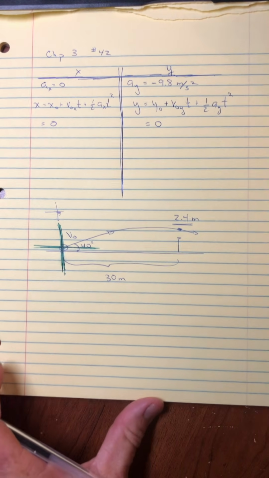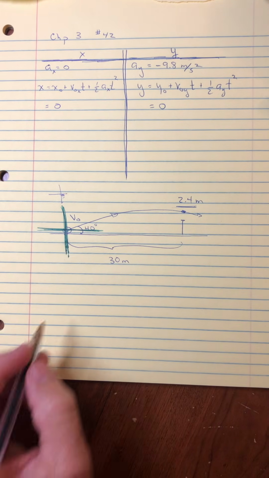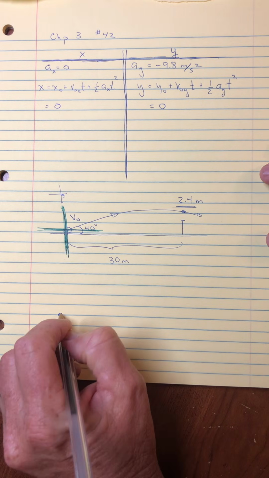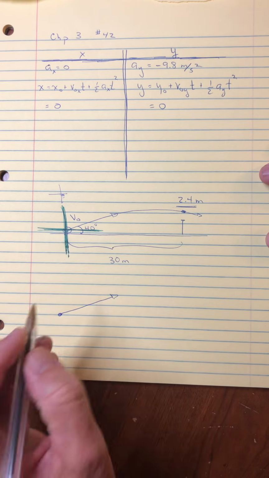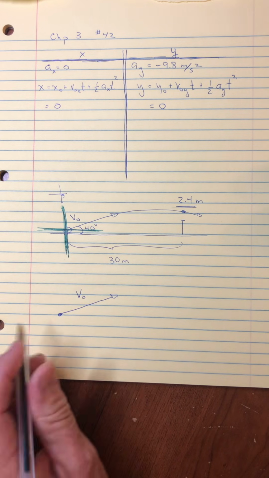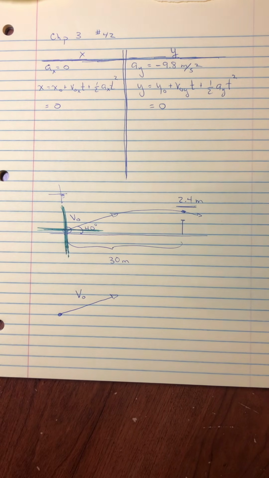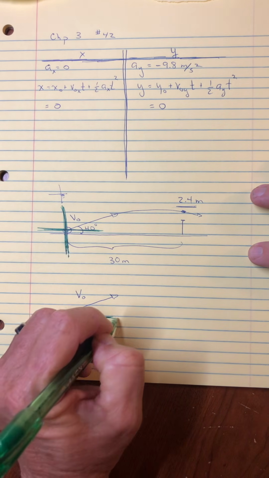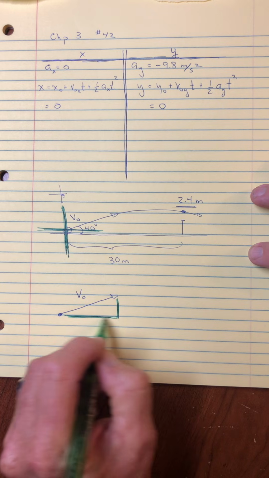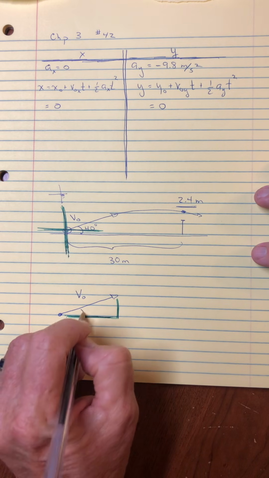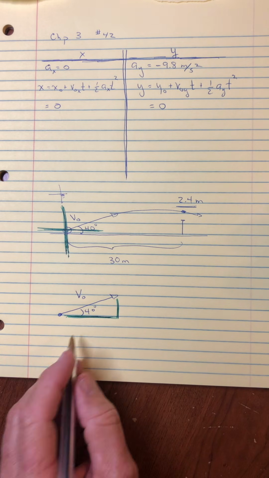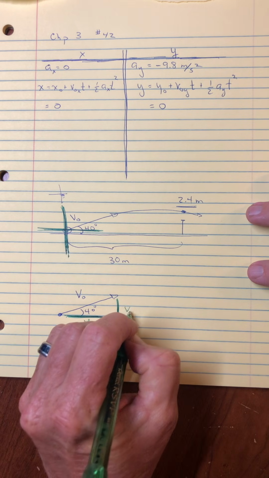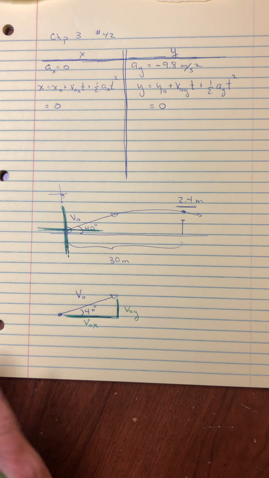Now, step 2, which we've done quite a few times, but I'm going to do it again. If you're launching something with some initial speed, you can think of that as being made out of 2 different speeds instead of saying it is one speed at 40 degrees. We can say it's made out of a horizontal speed and a vertical speed.